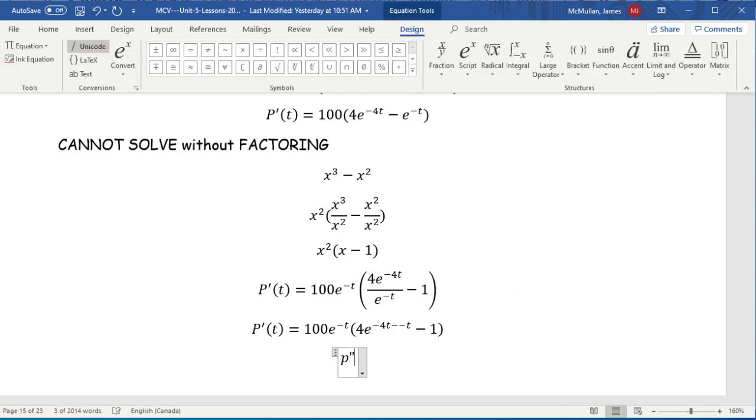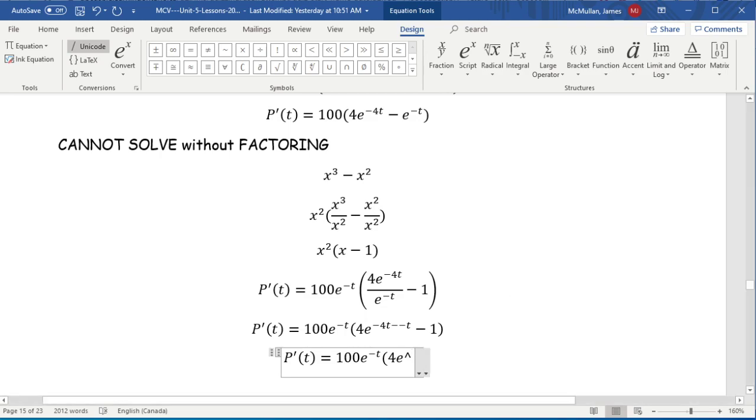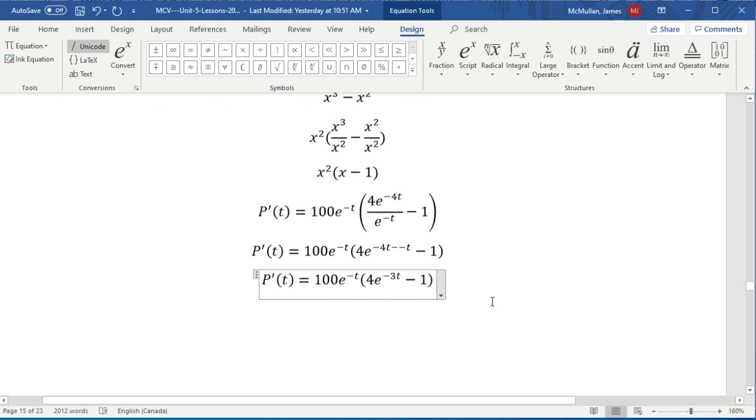So what actually happens in that bracket, if we just skip the step there, we have 4e. Now, negative 4t subtract negative t becomes negative 3t, because you're basically subtracting a negative, so you add 1, and now this is what we have.